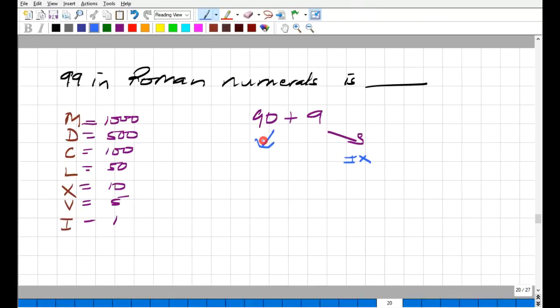So what represents our 90? Sir, um, XL? No? Is it?